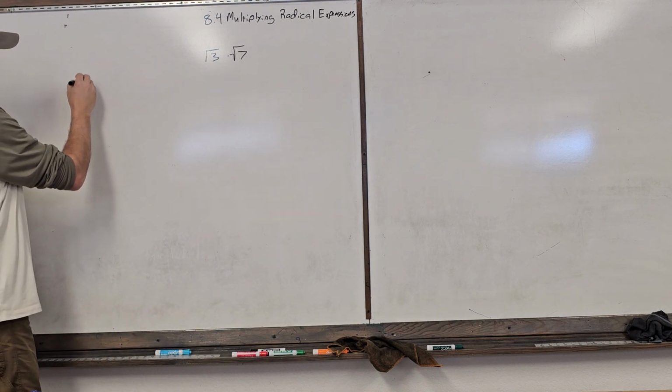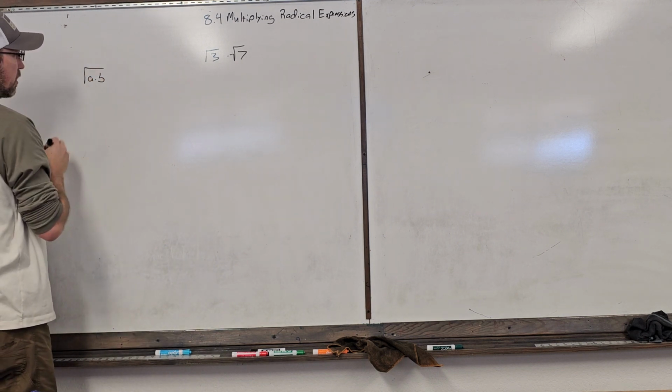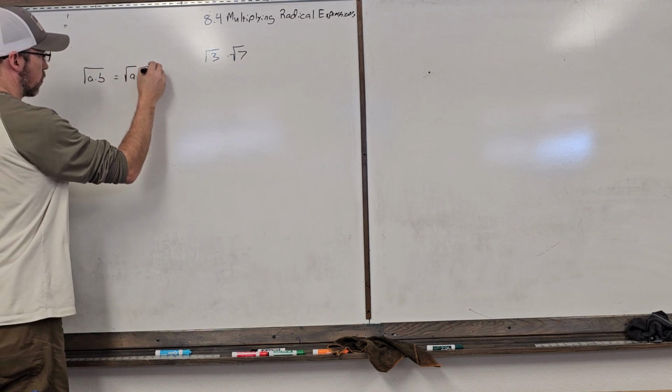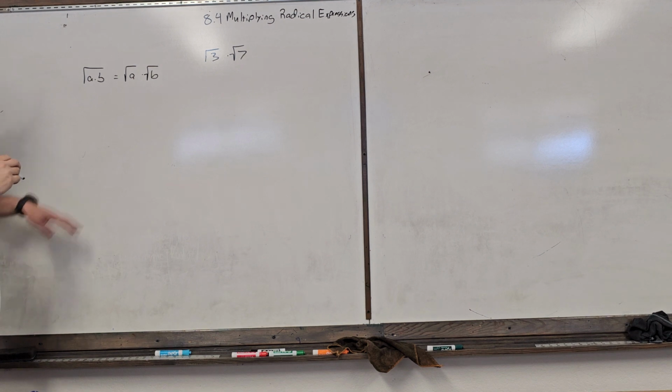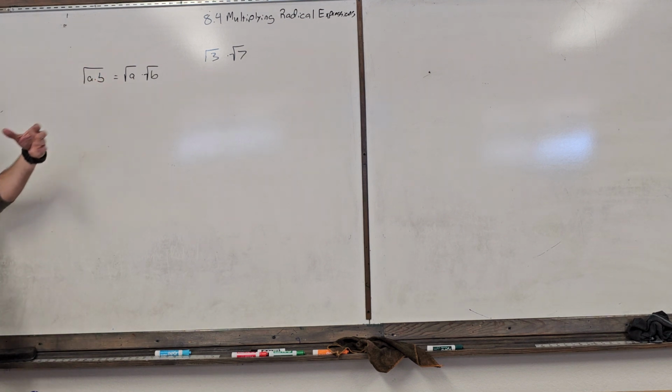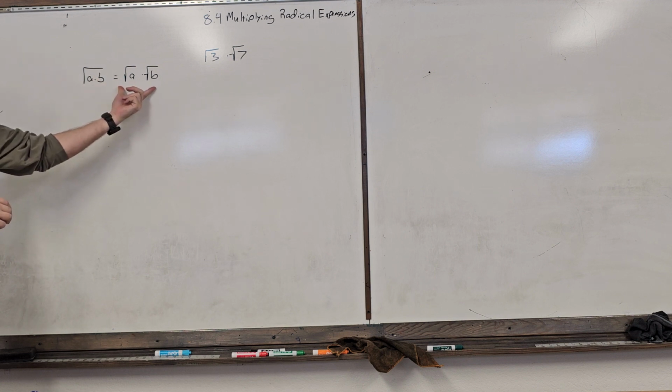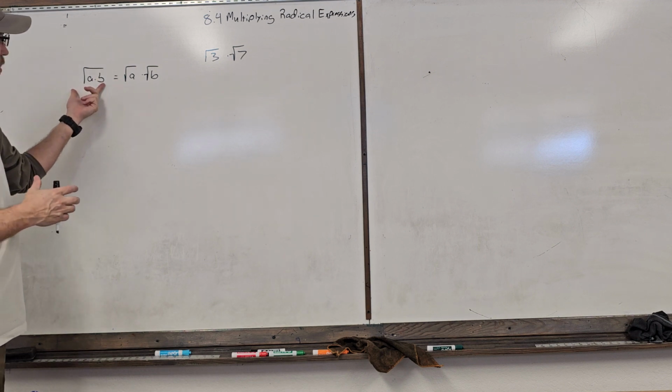Earlier, we said that if we have the square root of a times b, we can separate that into the square root of a times the square root of b, right? Just like I've mentioned a lot, that equal sign means a lot. This side is exactly the same as this side, it just looks different.